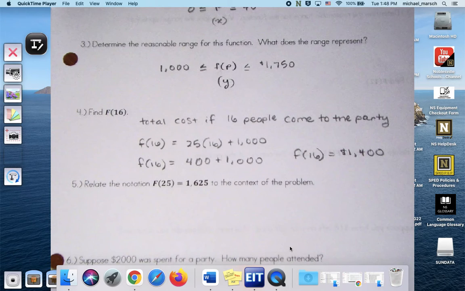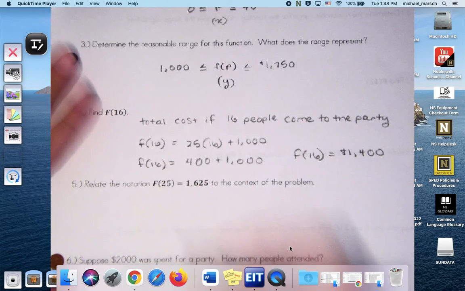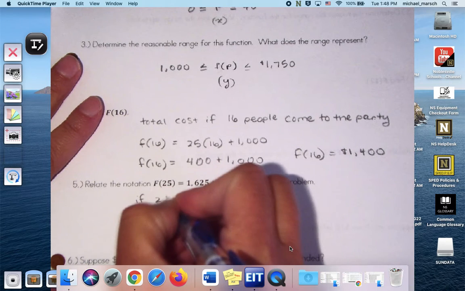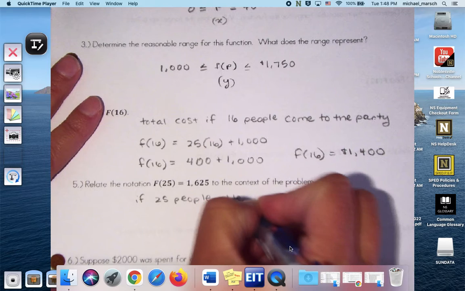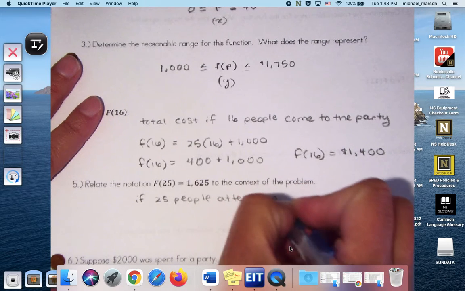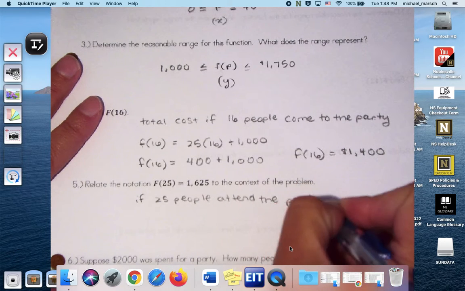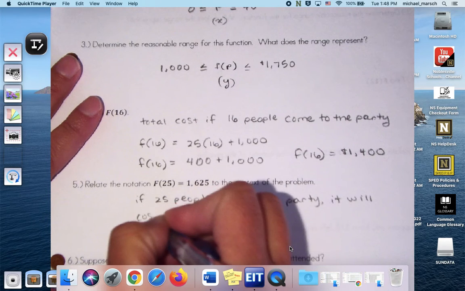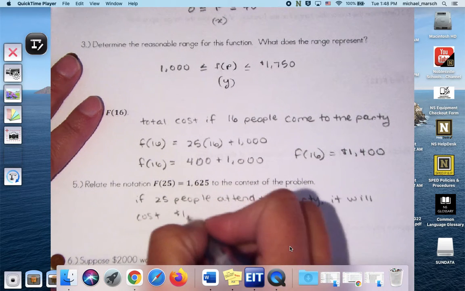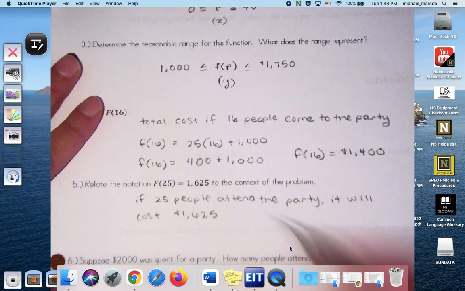When 25 people come to the party, it's going to cost 1,600. Perfect. If 25 people attend the party, it will cost $1,625.